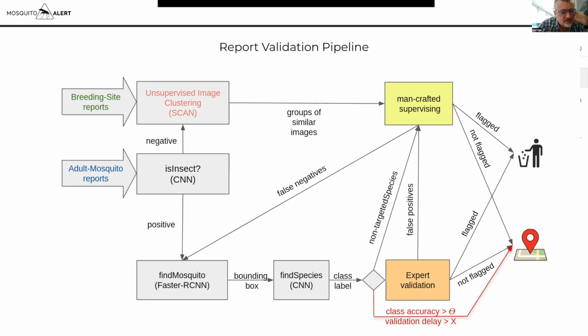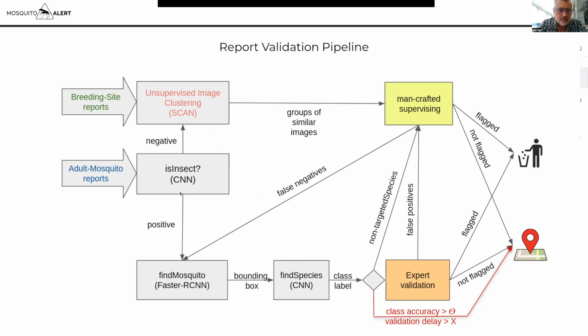This filter recognizes everything that might be a mosquito, and separates these images from images that do not have mosquitoes, because we receive many images with selfies, or images with bites, or images of plants, or whatever, where there is no mosquito in them. So for the sake of saving time for our experts, these kinds of images, which we call off-topic images, we separate them, and these negative examples are not sent through this part of the system.